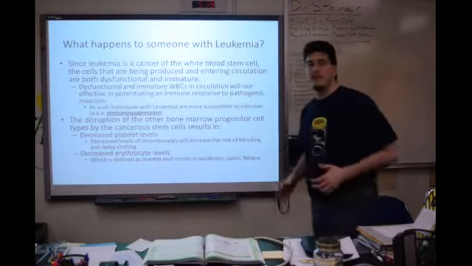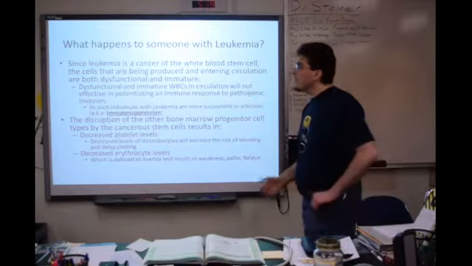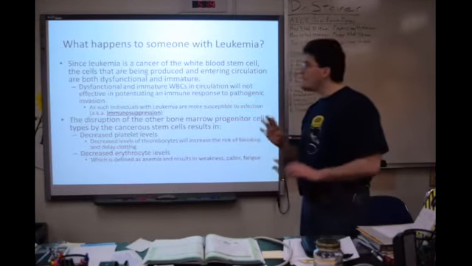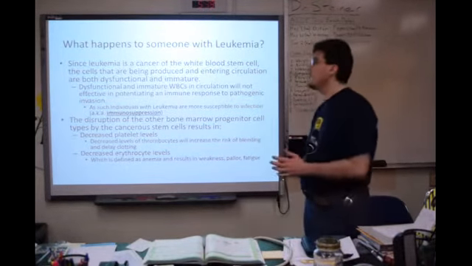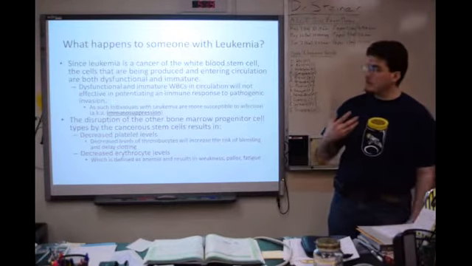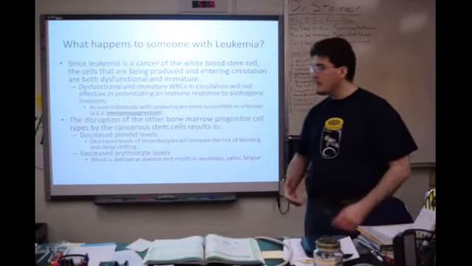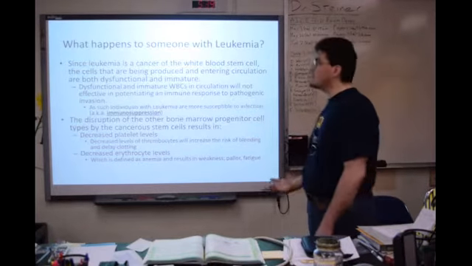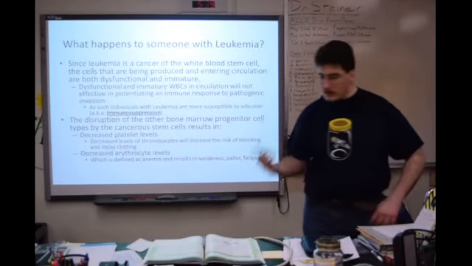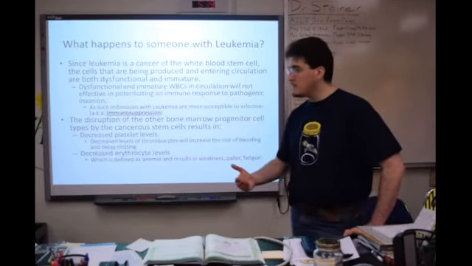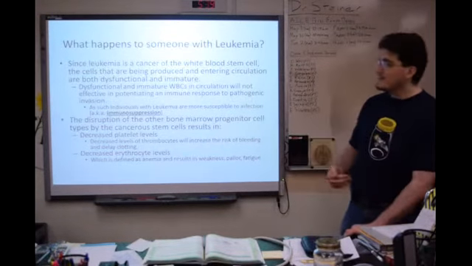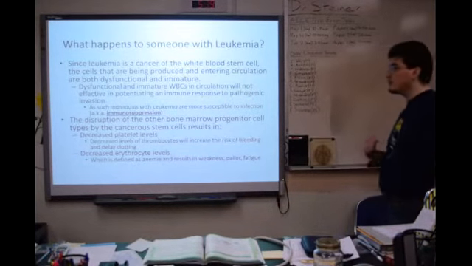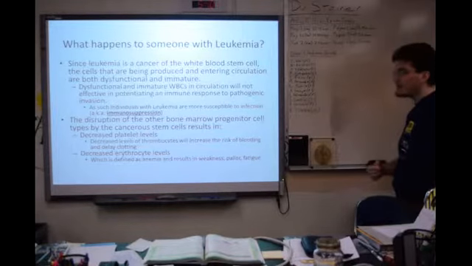So what happens to someone with leukemia? Since leukemia is a cancer of the white blood stem cell, and those stem cells are being produced and entering the circulation, they are going to be dysfunctional and immature. A dysfunctional, immature white blood cell in circulation will not be effective in potentiating an immune response to a pathogenic invasion.